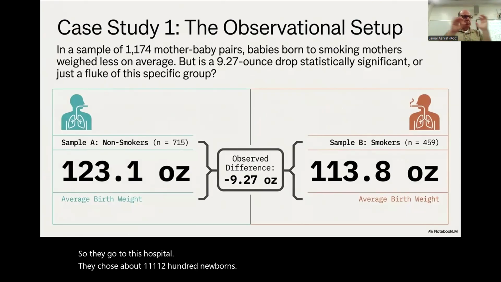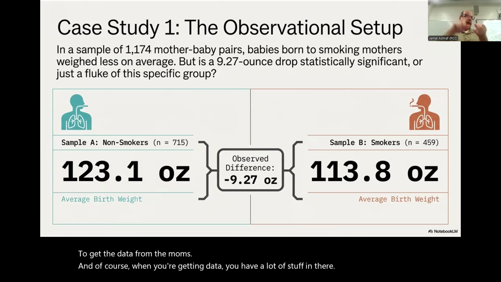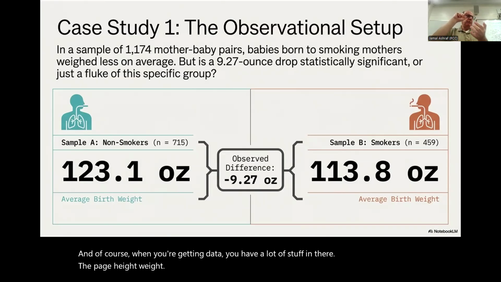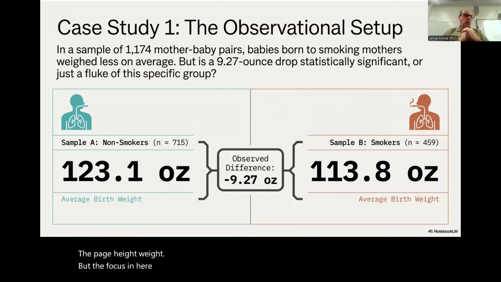They get the data from the moms. And of course, when you're getting data, you have a lot of stuff in there: the age, height, weight, but the focus here is about smoking.